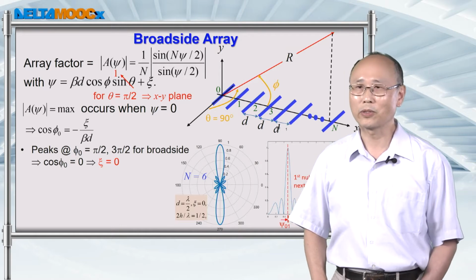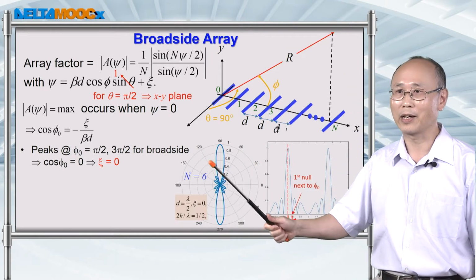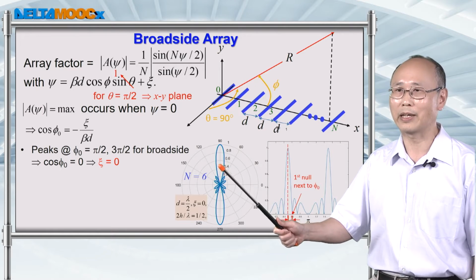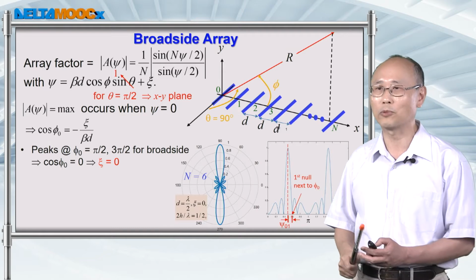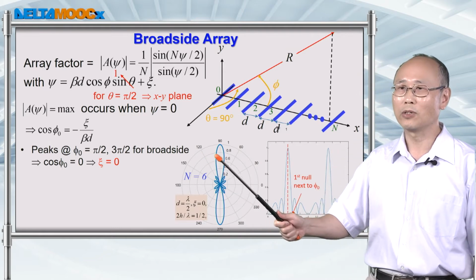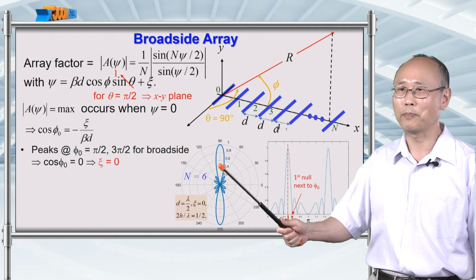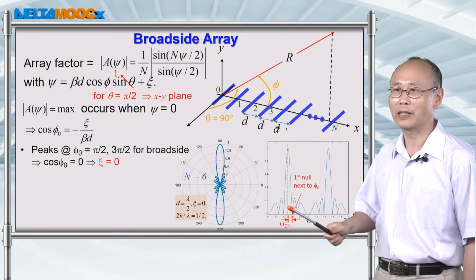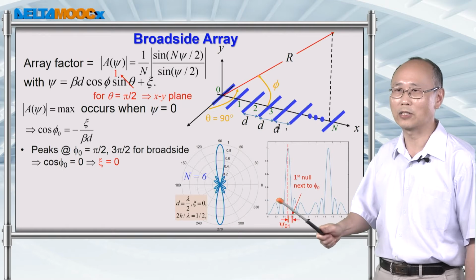And sometimes we want to know the directivity of the antenna, and that is related to the beam width. If you have a narrow beam width, this means that this antenna is going to radiate energy into a small angular cone. So we want to figure out the beam width of this radiation pattern, and the easiest way is to plot it in an xy coordinate system.